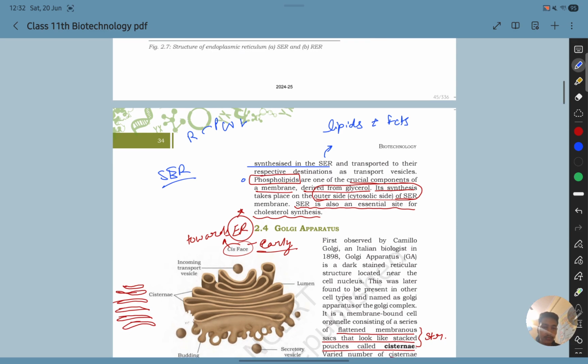A very important point is that the smooth endoplasmic reticulum is essential for cholesterol synthesis. There is a previous PYQ of the CAPF: what is cholesterol? Cholesterol is a lipid. Who produces lipids in a cell? The smooth endoplasmic reticulum. This is the connection you have to make.